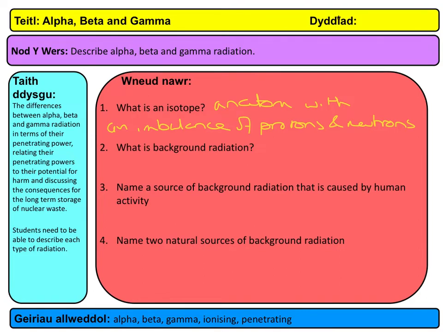Okay, what is background radiation? It's radiation that's all around us. Okay, and that comes from natural and non-natural human activity sources. Okay, name a source of background radiation that's caused by human activity. So there's medical.